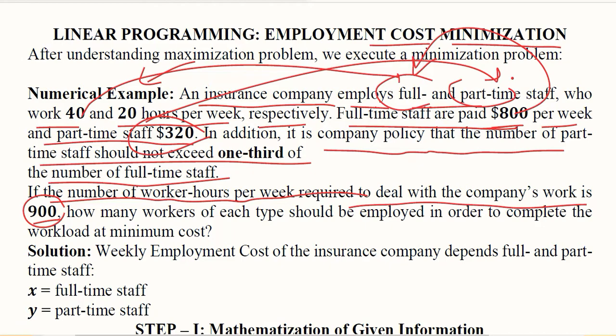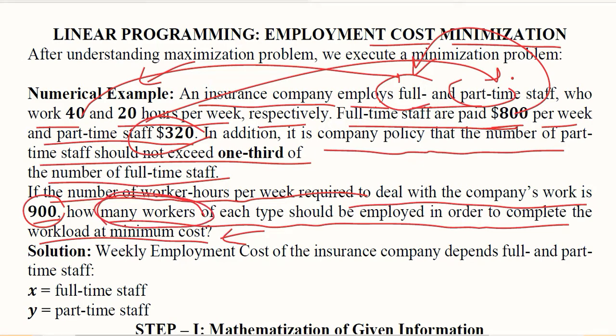How many workers of each type should be employed in order to complete the workload at minimum cost? So we want to know how many part-time and full-time workers will be employed in order to complete the task, and that should be done at minimum cost.